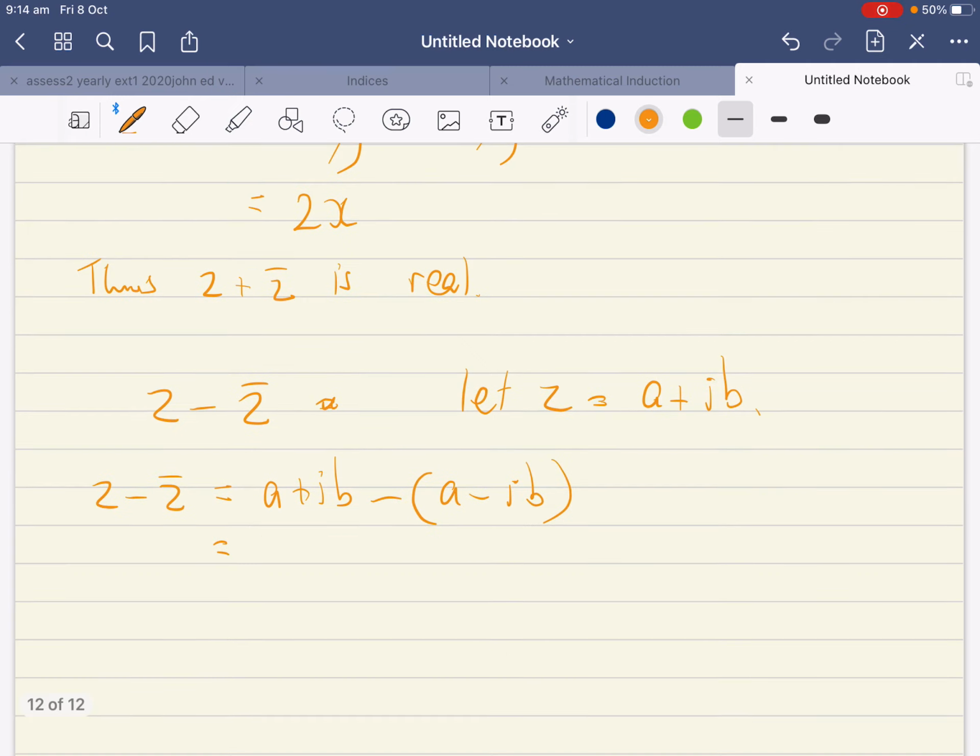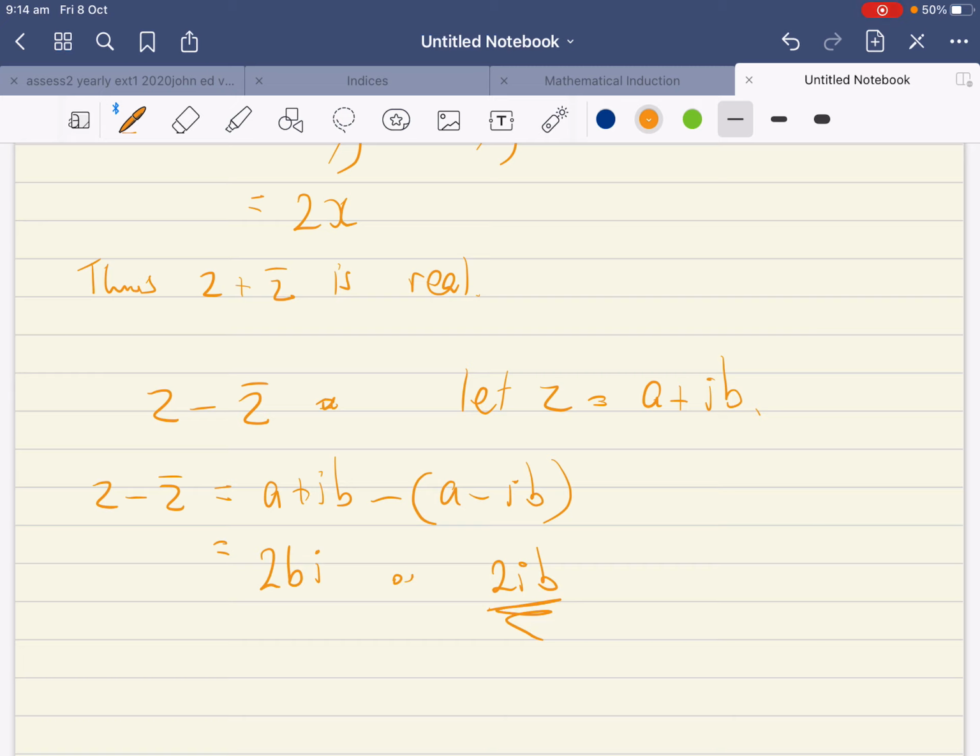In this case, we're subtracting complex numbers. The a's end up cancelling and you end up with two lots of bi. People write it as 2ib, or however, it actually doesn't really matter. I wouldn't put the i at the front in this case. I'd put the real number first. You'll probably see it written like that more often than not.